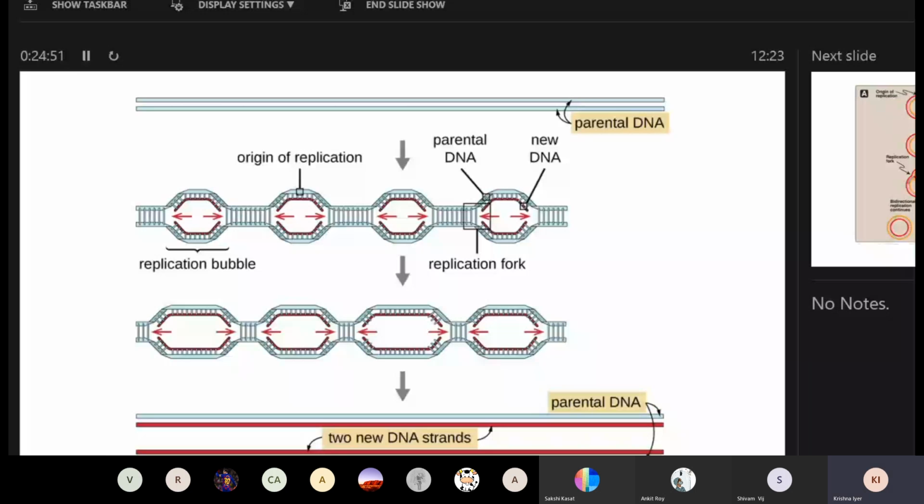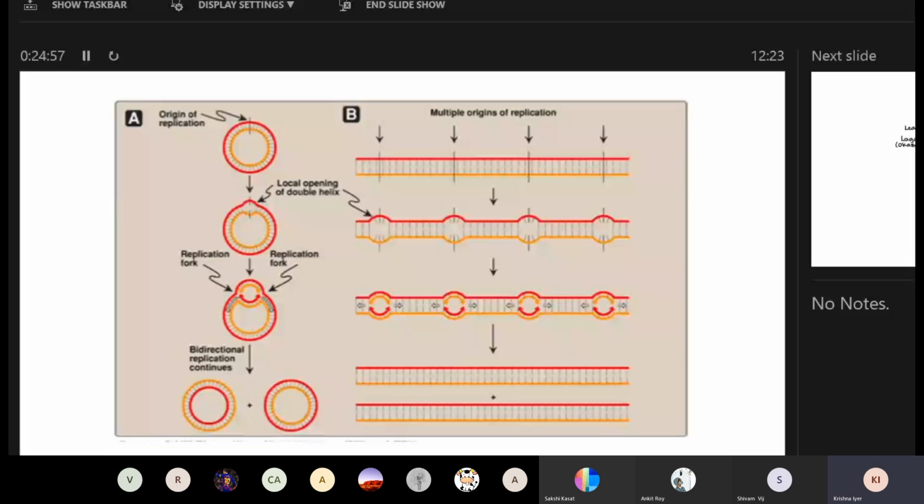Okay, so in comparison to what we saw earlier, which was circular DNA, where there was only one origin of replication, then the forks moved in either direction, and the DNA was initially replicated to give you what is called a catenate, which got separated to give you two pieces of double-stranded DNA. If you look, this outer one here is the original, shown in red.